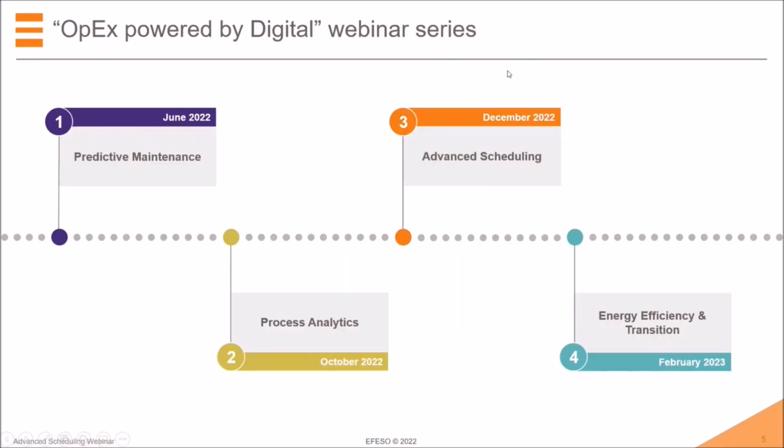Just to give a view, this is the third webinar we organized within our Operational Excellence Powered by Digital series. A series of webinars where we showcase where digital solutions can really elevate your operational excellence efforts. In June, we talked about predictive maintenance. 2 months ago, we talked about process analytics, and today we will talk about scheduling and digitally enhanced scheduling.